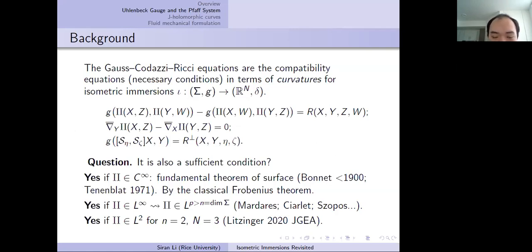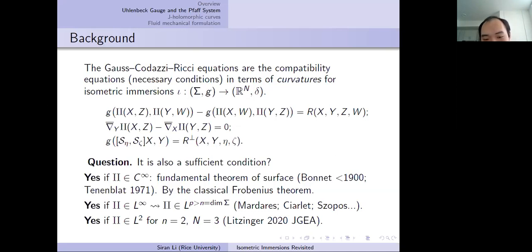So for example, if you look for smooth solutions, C infinity or C1 actually, by the early results by Bonnet, the so-called fundamental theorem of surfaces, and in 1971, Tenenblat generalized that to arbitrary dimensions and codimensions using purely differential geometric arguments. So yeah, I think this is the first paper by Tenenblat. So the answer is affirmative in the case that the second fundamental form is smooth.